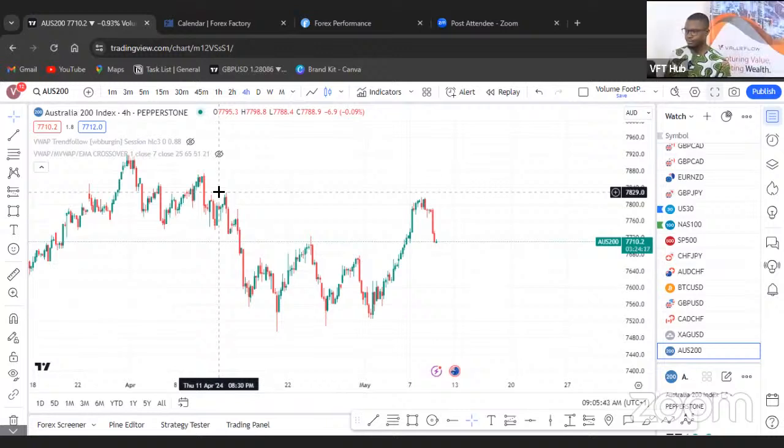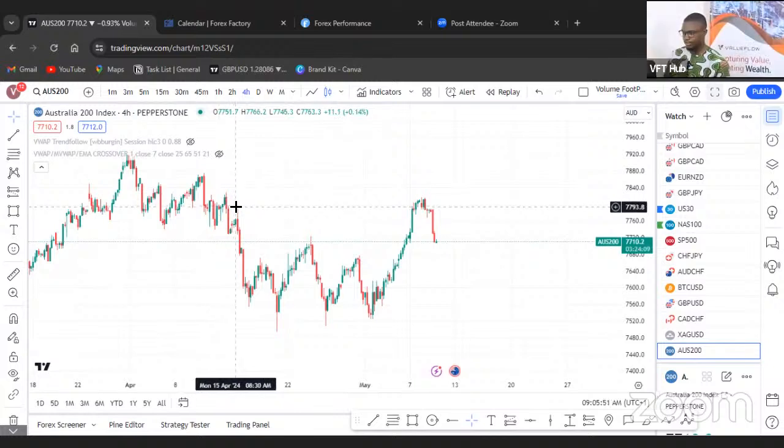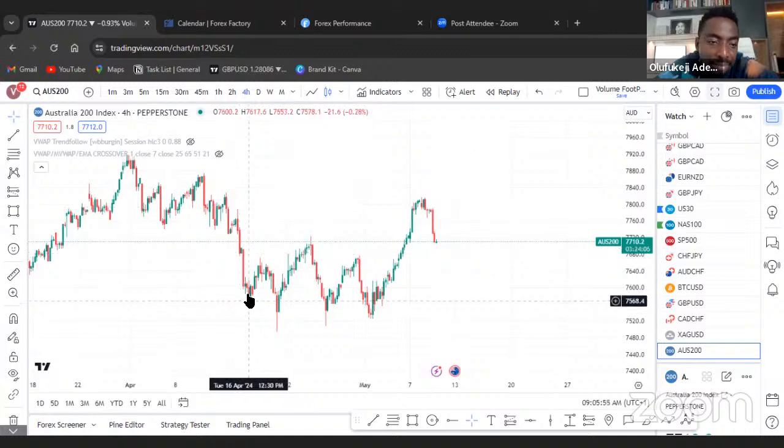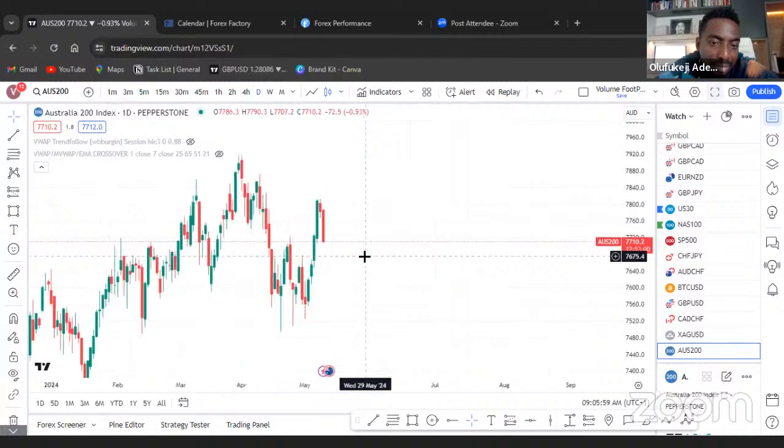Yes. See the shoulder, see the sweep, the return, exactly, and it has broken its own low. Check it on the daily. You can see.